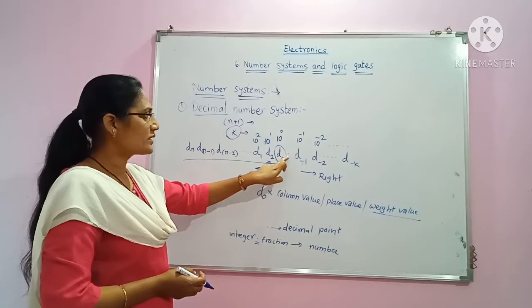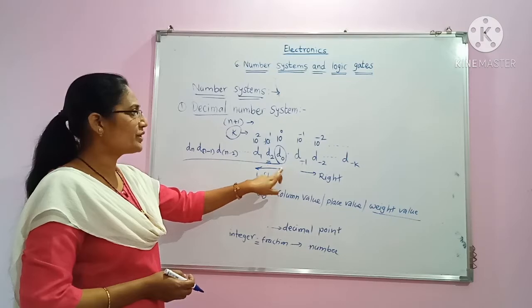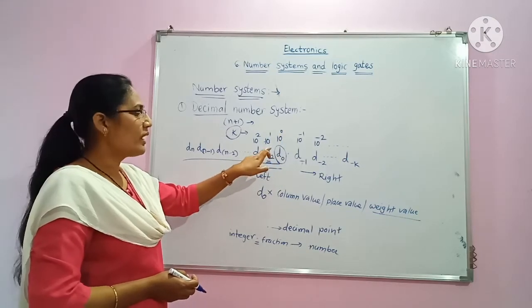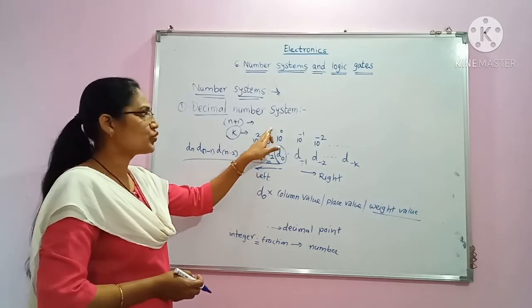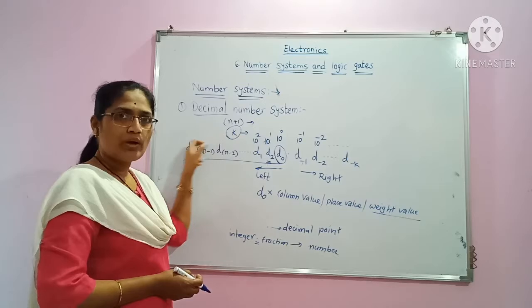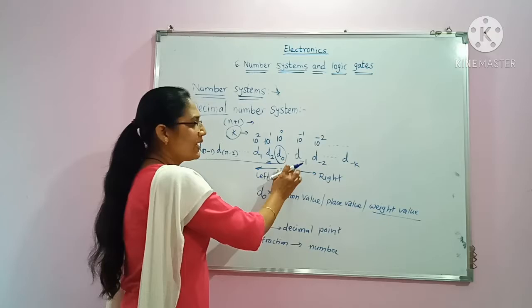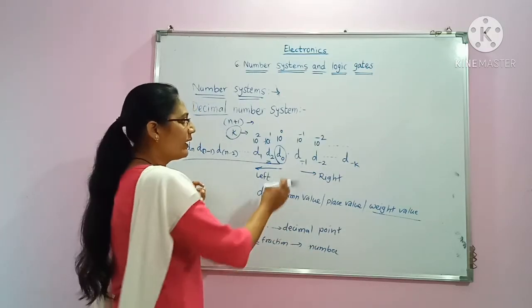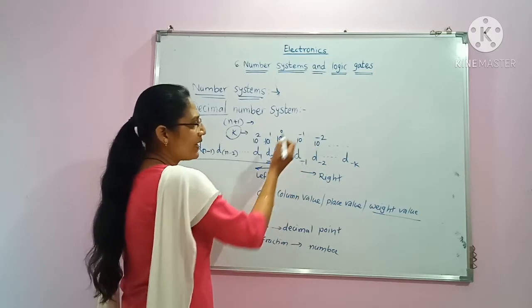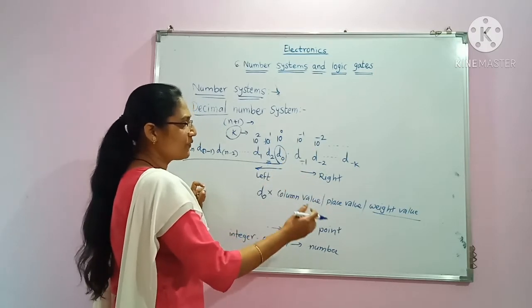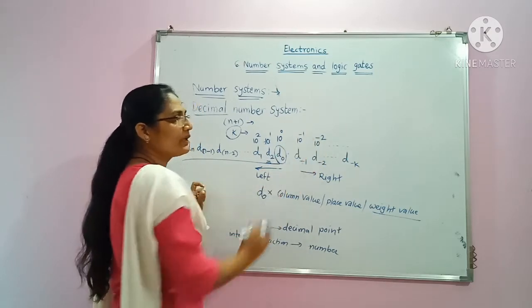From the decimal point, if we are moving towards the left, I have to multiply each digit with 10 raised to 0, then 10 raised to 1, then 10 raised to 2, and so on. And if I am moving from the decimal point towards the right, I have to multiply the first digit, which is towards the right, by 10 raised to minus 1. Suppose there is a next digit to its right, I have to multiply it with 10 raised to minus 2.